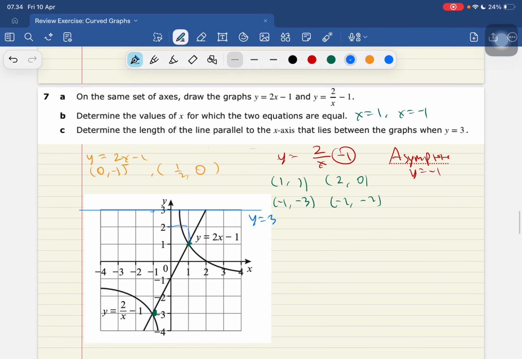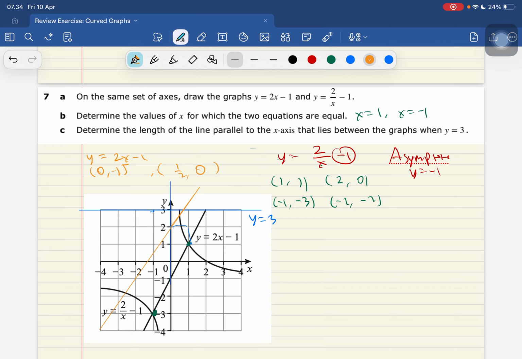Here, determine the length of the line parallel to the x-axis that lies between the graphs. So here it is.